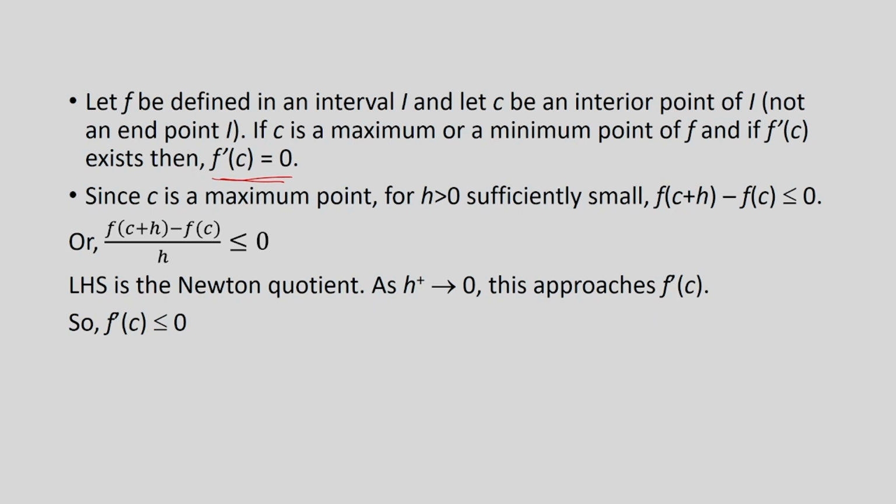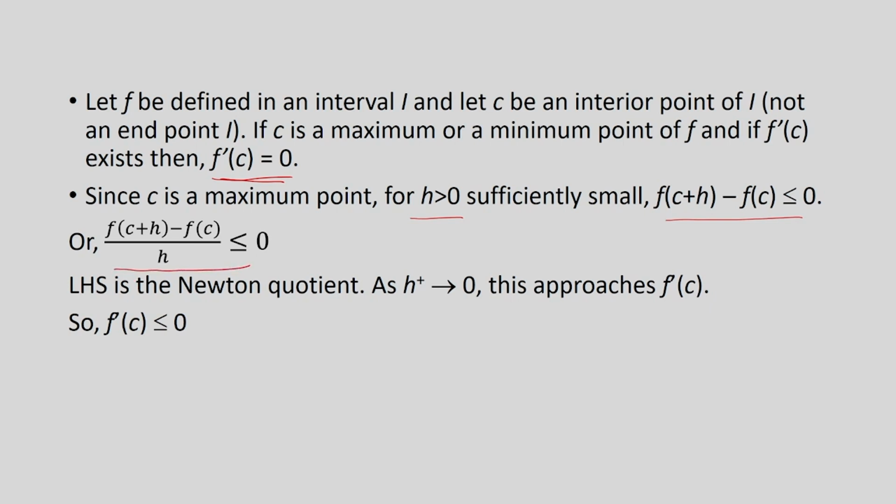Okay. So, what is the demonstration of that? Suppose C is a maximum point. So, since C is a maximum point, then if we take h greater than 0 sufficiently small, then this has to be satisfied, right, because of the very fact that at x is equal to C, the function has a maximum. And if I manipulate this, then it becomes like this has to be less than or equal to 0.